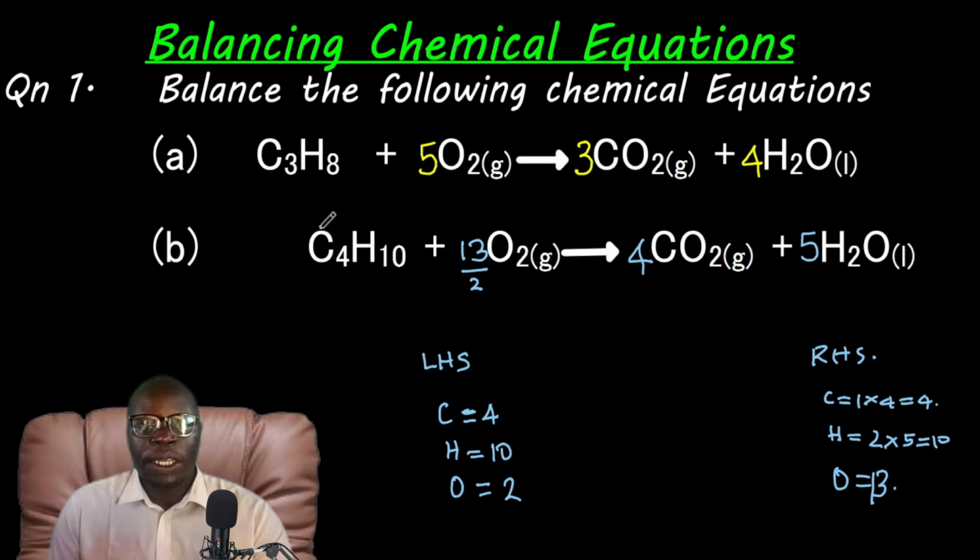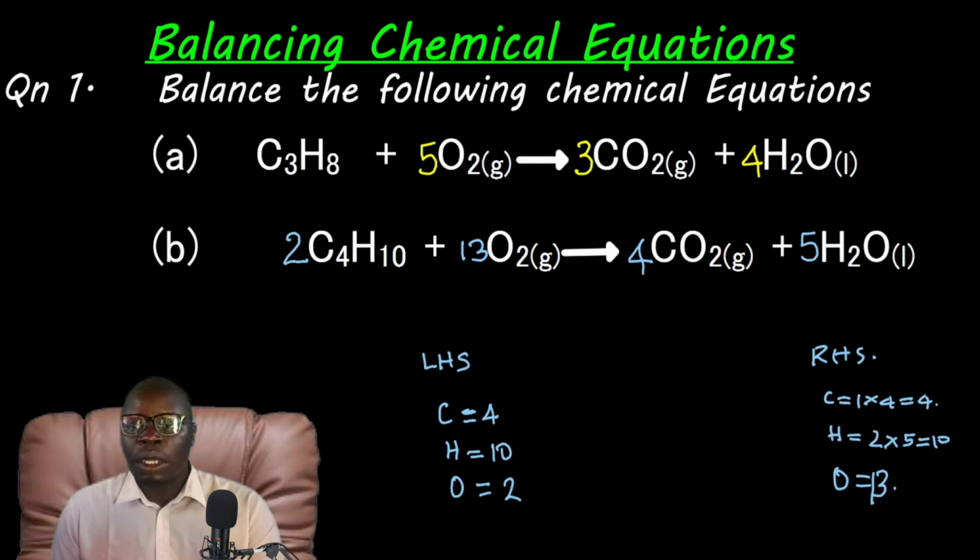Now, if we multiply this by 2, we'll have a new molecule 2 in front of this hydrocarbon, and when you multiply this by 2, the denominator will have to go.